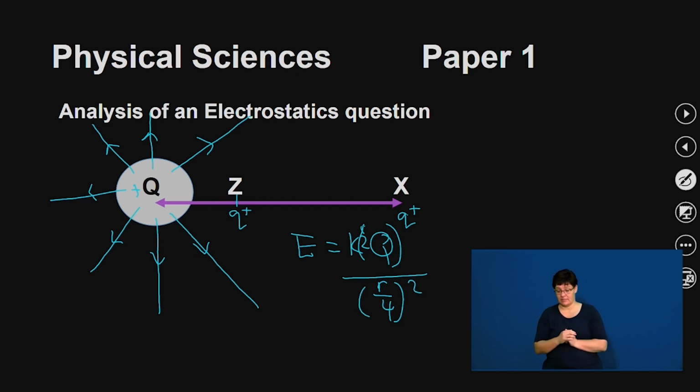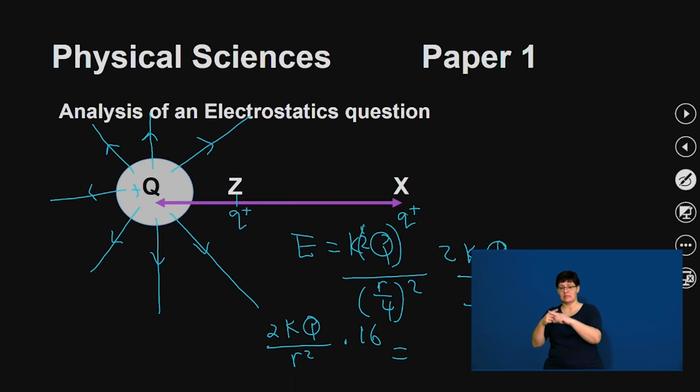Now, if we do the maths, you'd realize that we've got 2kQ over r squared over 16. So this is as good as saying 2kQ over r squared times 16. This is actually 2 times 16, which is 32 E.